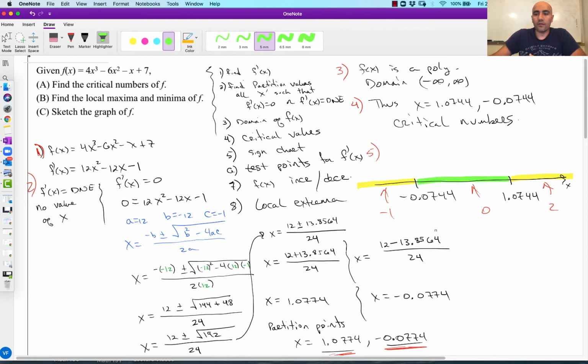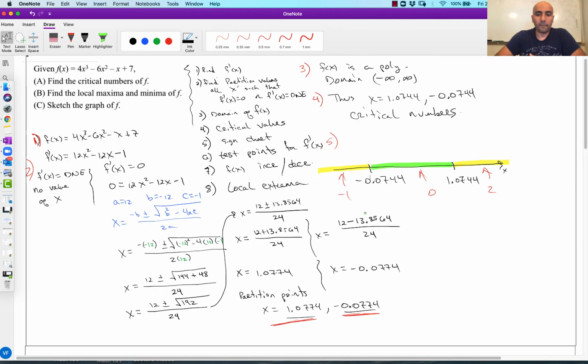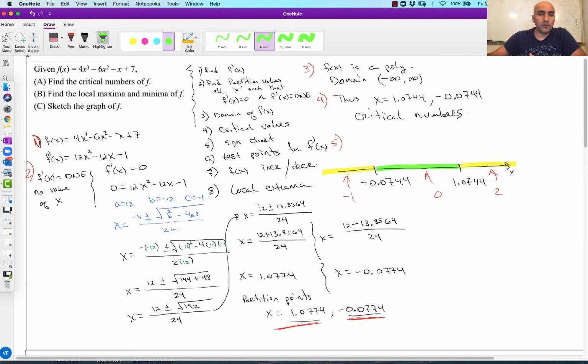Okay, so kind of off to the side then, we're going to have to evaluate our derivative. Now this was our derivative here, so we're going to have to evaluate our derivative at each one of these points. So now I'm going to take f prime of x, which was equal to 12x squared minus 12x minus 1, and I'm going to evaluate it at each one of those values.